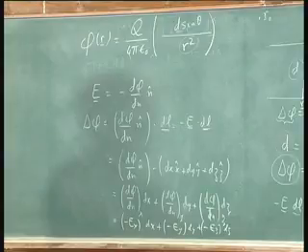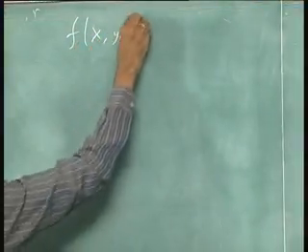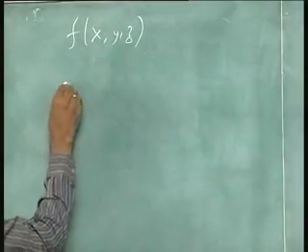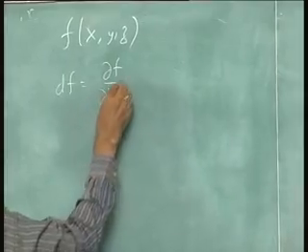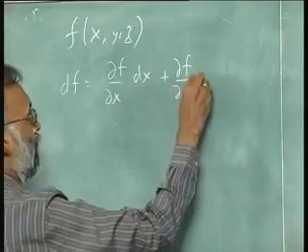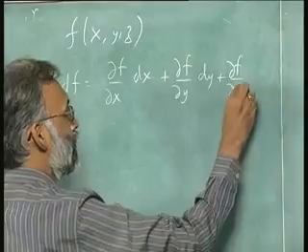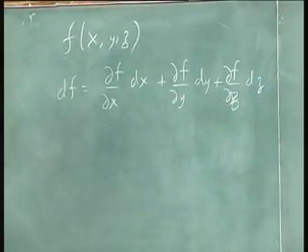Now, if you know your partial derivatives, you know that if you have any function f of x, y, z, then df is equal to del f del x dx plus del f del y dy plus del f del z dz. This is a standard result in mathematics.